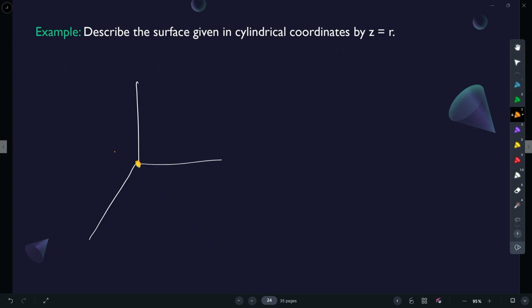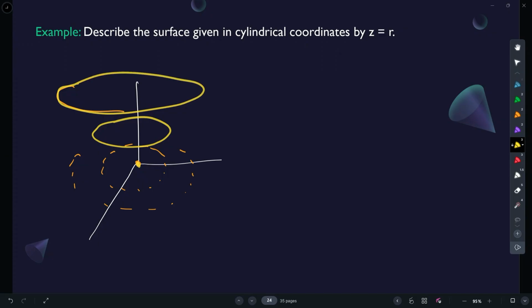Now, if I am 1 away from the origin, then the z coordinate will be equal to the distance to the origin. So all the points above it at height 1 are also in the shape. If I go this far from the origin, then I will be that much higher in the shape.